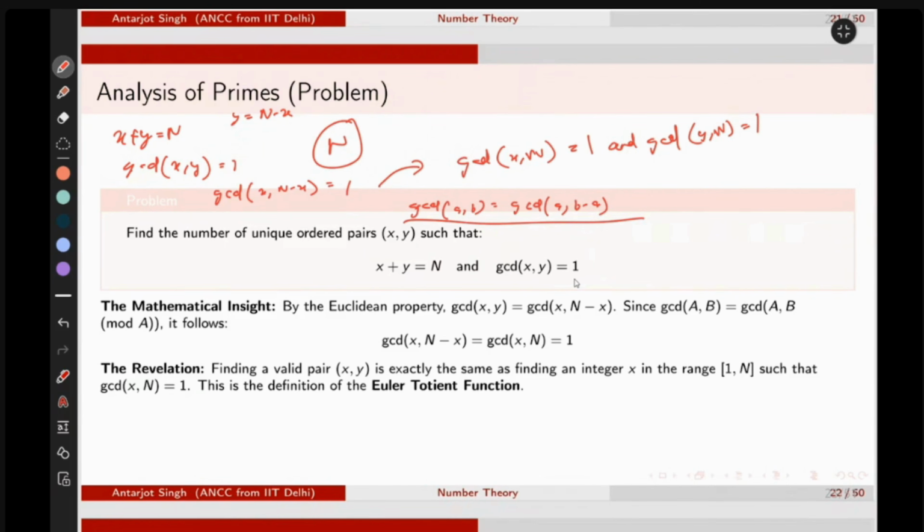So you need to just count the numbers that are co-prime to n, which is calculated using the Euler-Totient function. This is just a hidden way to represent the Euler-Totient function, like x plus y is n and GCD 1.